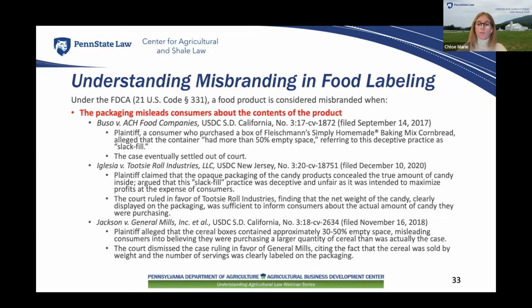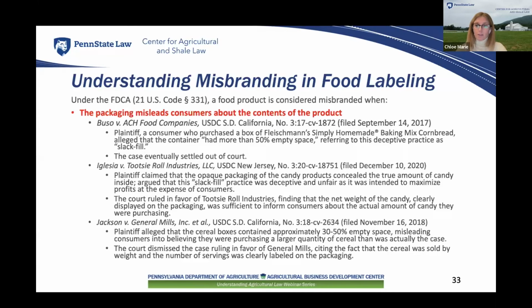In the first one, the customer expected to get a full box of Fleshman's Simply Homemade Baking Mix cornbread, which came in opaque packaging. But when he opened it, he found that the container had more than 50% empty space or slack fill. This case was dismissed with prejudice after both parties reached a settlement.